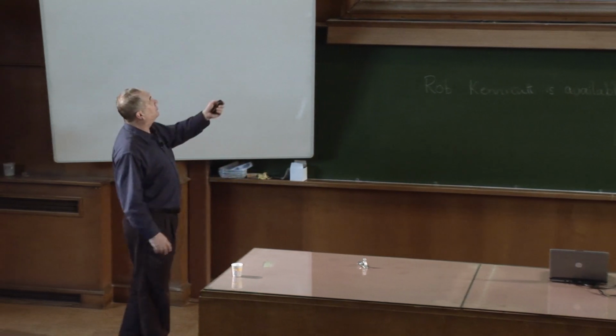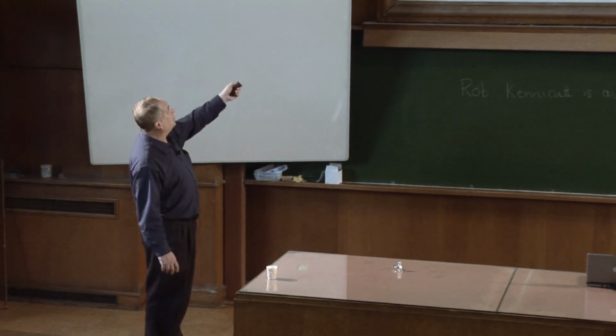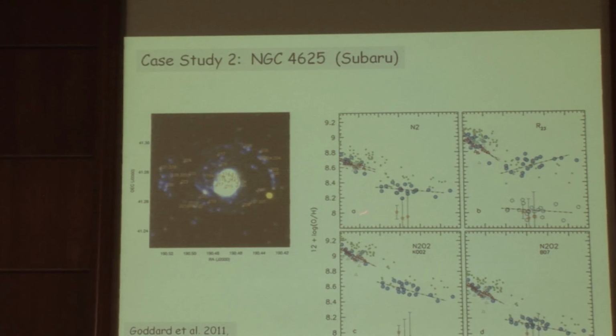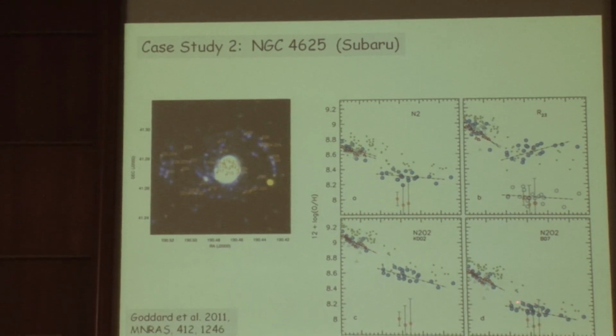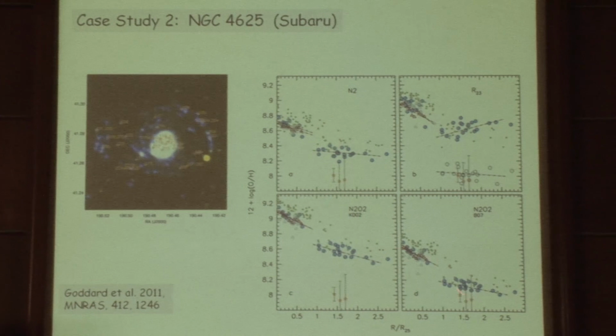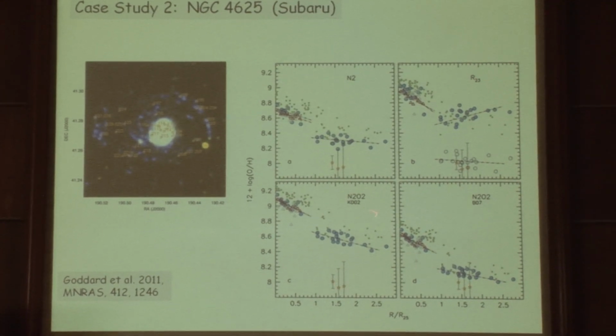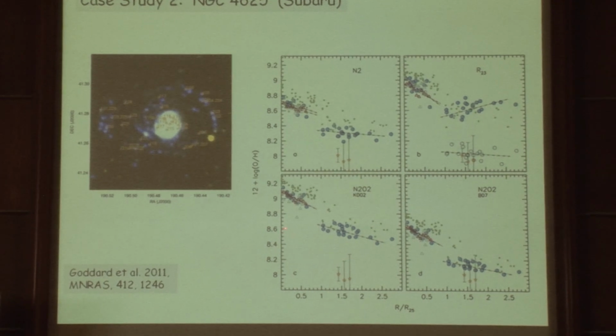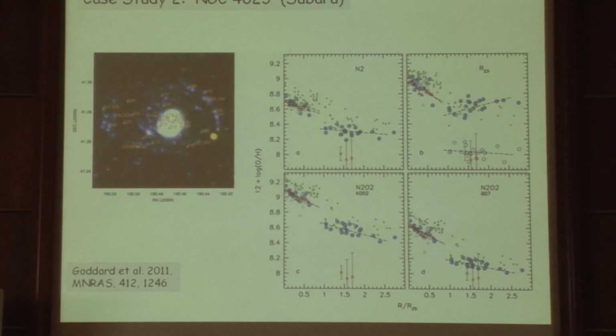However, when we went to the second of the galaxies, NGC 4625, the second of the galaxies that define the XUV class or prototypes, we found lightning struck twice, the same behavior of the outer disk having a significant drop in abundance, but then with a shallower gradient.